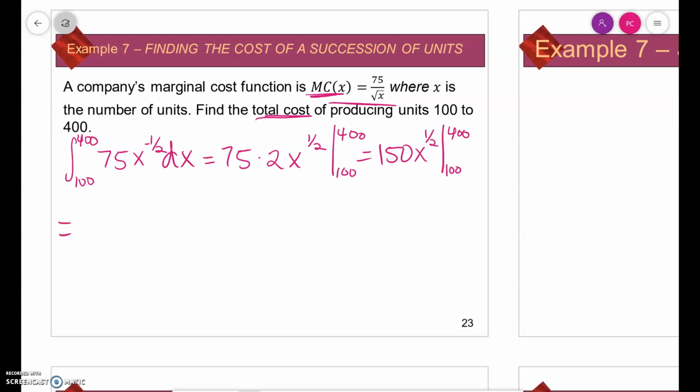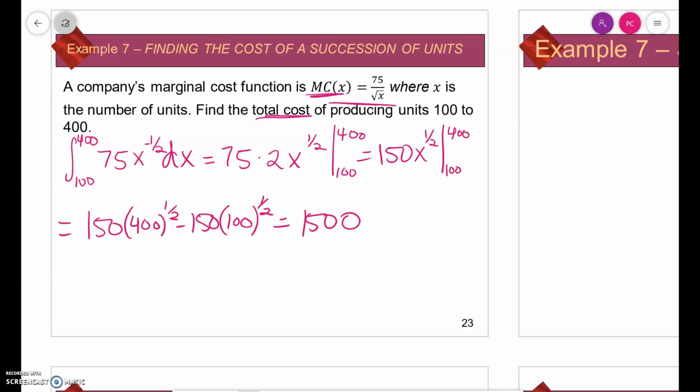So when we plug our numbers in, 150 times 400 to the 1/2 power minus 150 times 100 to the 1/2 power. You can calculate this by hand or plug it straight into your calculator. It wouldn't matter either way. But you get 1,500.